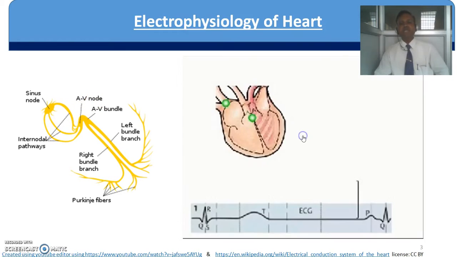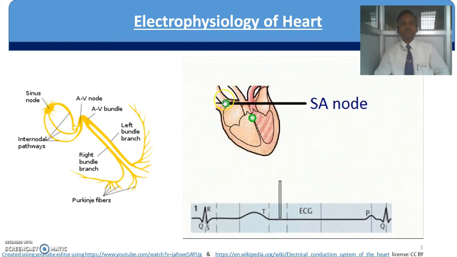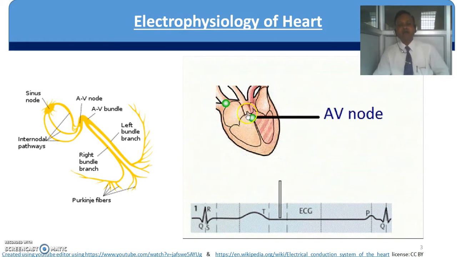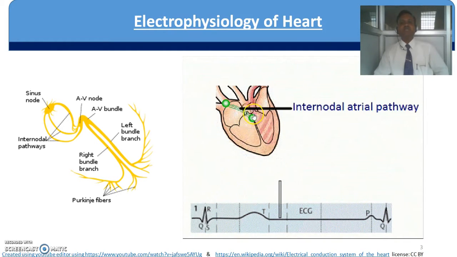Now this process has been nicely explained in this video. This is the sinoauricular node which is present in the right atrium of the heart, and another similar tissue, or center, is present between atrium and ventricle in the atrioventricular septum, which is called the AV node.